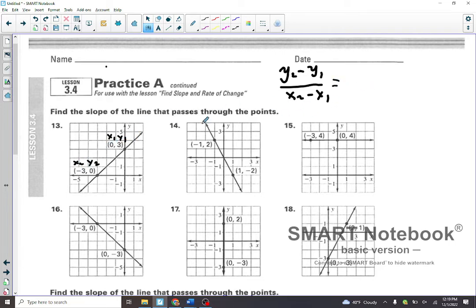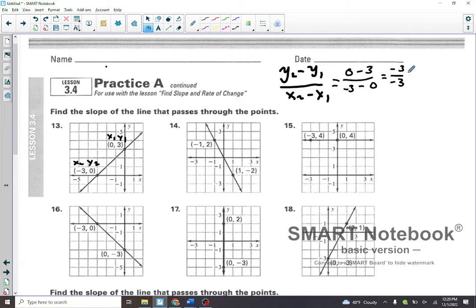So for 13, y2 is 0 minus y1, which is 3, over x2, which is negative 3, minus x1, which is 0. Yours will just be reversed, depending on which one you called group 1.